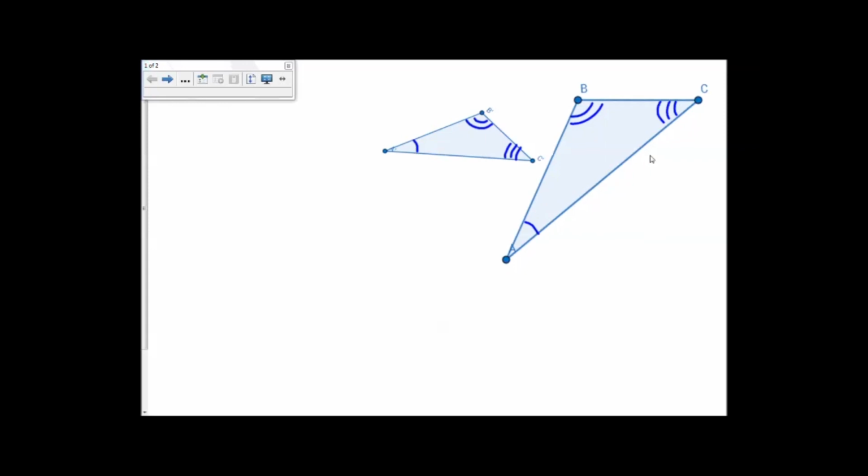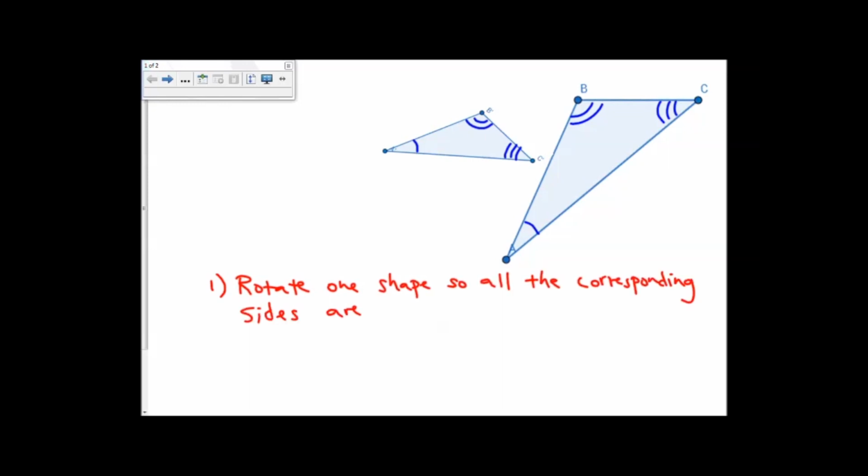The first step is to rotate one of the figures so that all the corresponding sides are parallel. By the way, if you can't do that, then it's likely the two shapes are not similar.